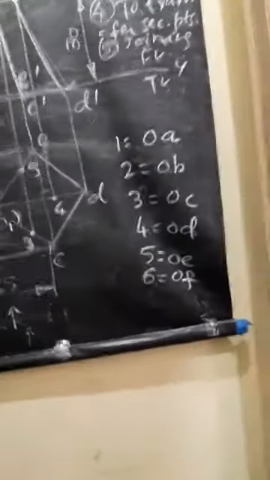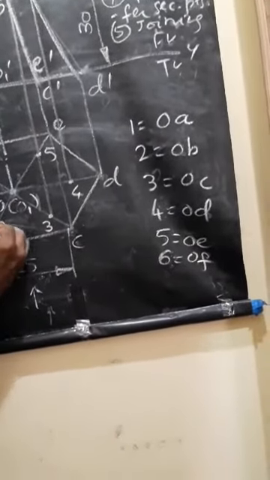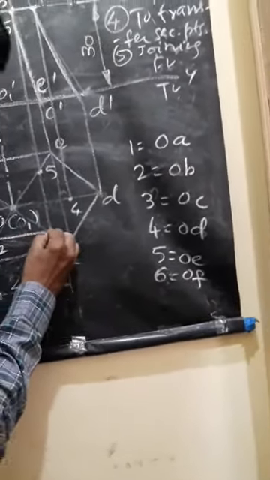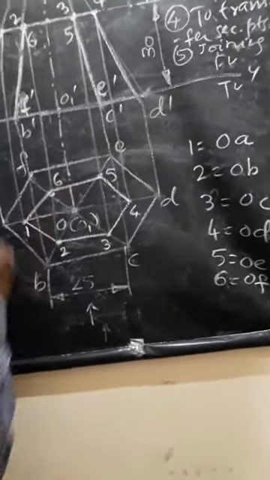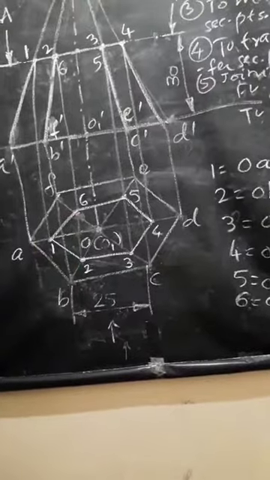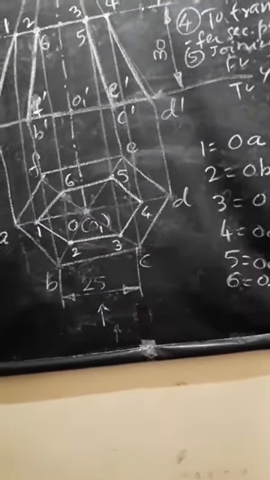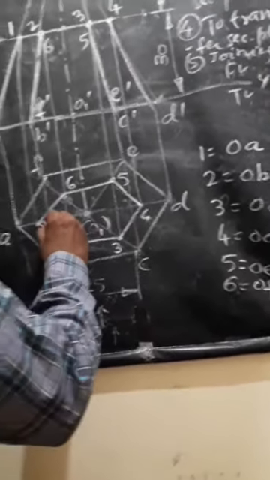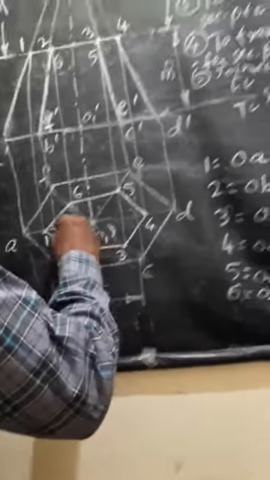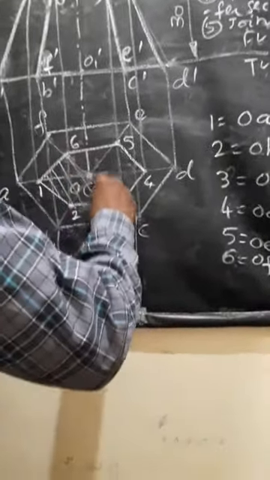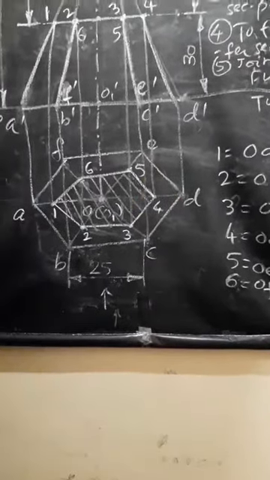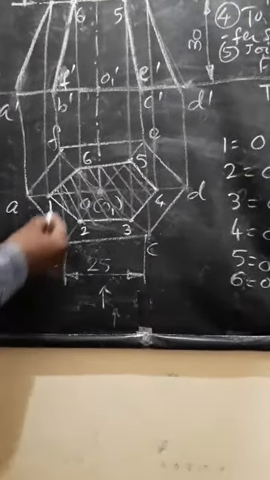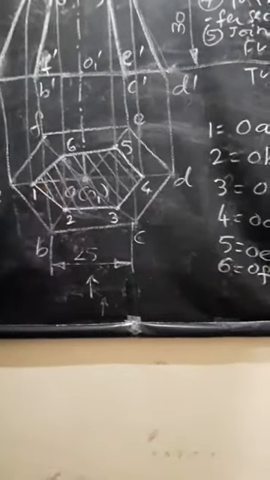Join 1, 2, 3, 4: 1 to 2, 2 to 3, 3 to 4, 4 to 5, 5 to 6 and 6 to 1. So this is the sectional top view. This cut surface should always be shown with section lines. These lines should be thin, run at 45 degrees, and keep a uniform distance.